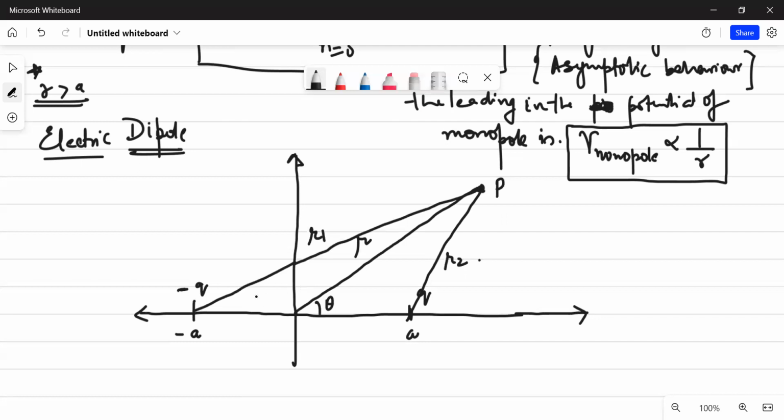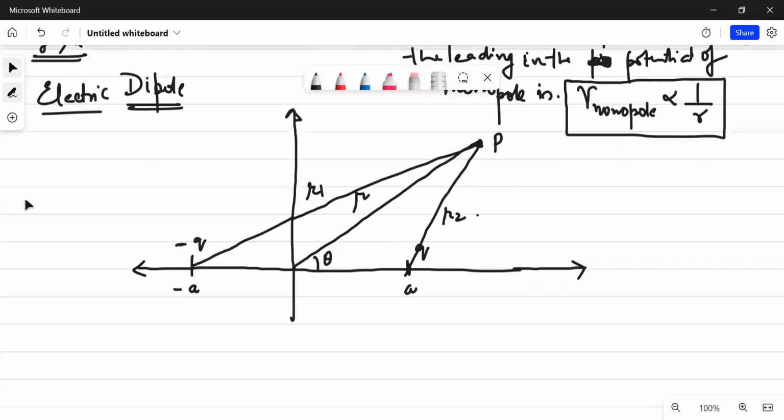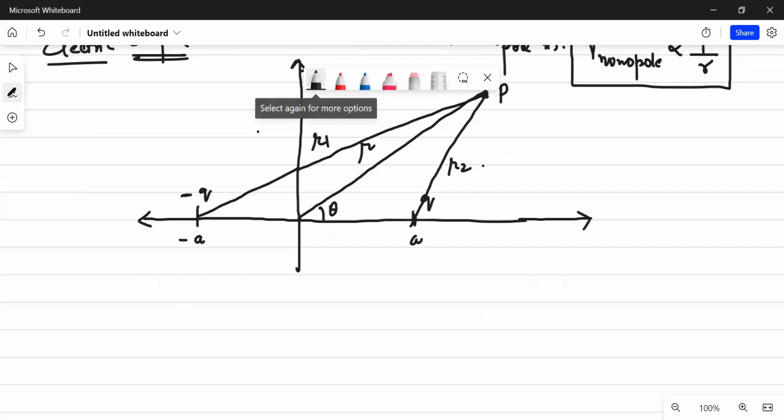So if this is your theta, what will be the potential at point P?